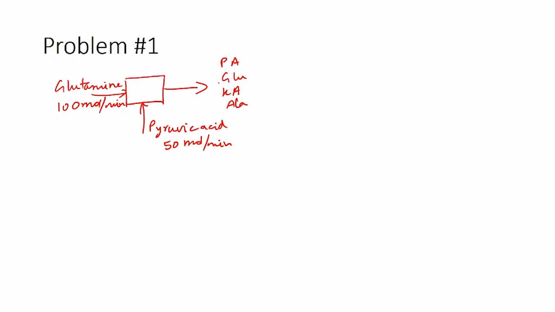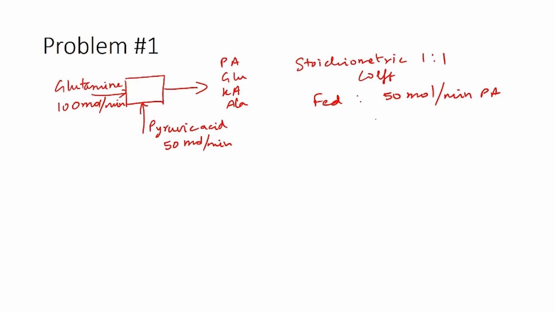So now we need to first identify which of these two is the limiting reactant. The stoichiometric coefficients for both these reactants is 1, which means the ratio of the stoichiometric coefficients is also 1. Here it is fed as 50 moles of pyruvic acid per minute and 100 moles of glutamine per minute.